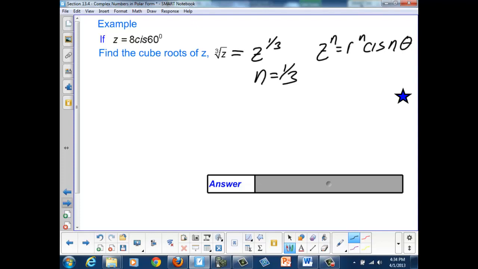Here, this 8 cis 60 degrees, just like when we were discussing polar coordinates originally, can be expressed with coterminal angles.